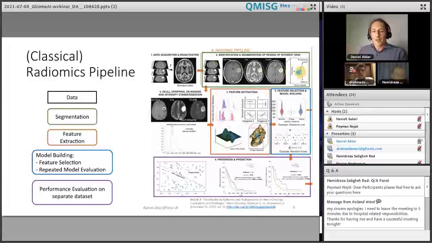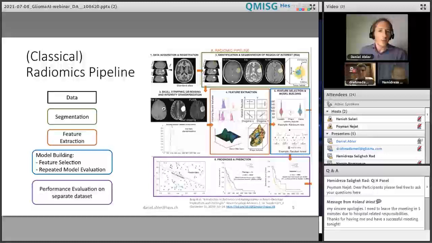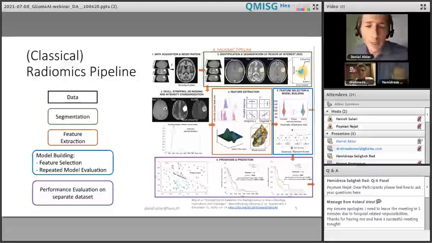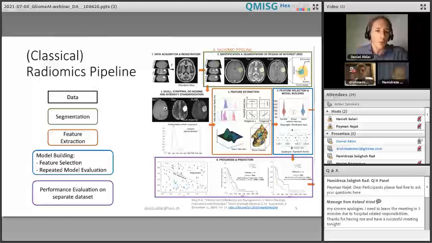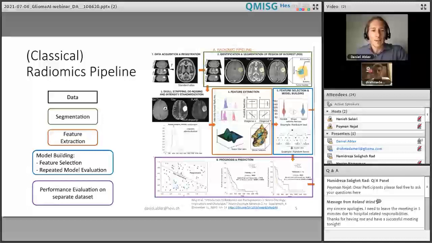Now, the standard pipeline, the standard process for many machine learning based prediction models is depicted here. Typically, we start with a data set, and from this data set there's the need to define a region of interest where we expect salient features to be present.